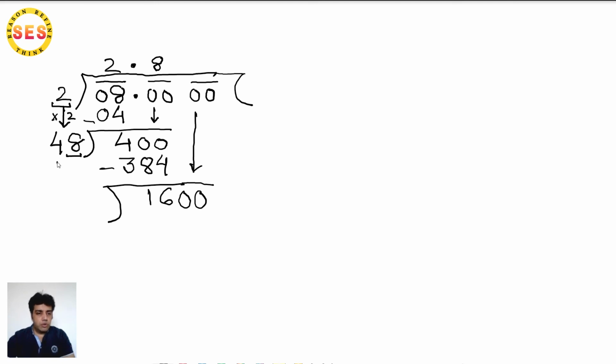Now this 4 comes down as it is, right? And this 8 needs to be multiplied by a 2, which in this case is a 16. Keep in mind that this 1 now needs to be carried over here. Now, in that case, 4, which was the first digit, does not remain a 4, and it becomes what?